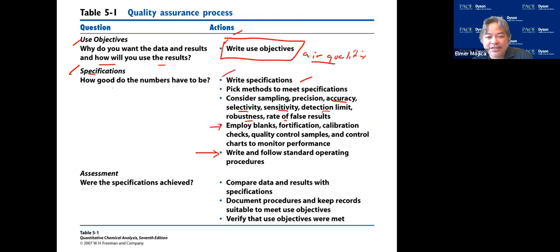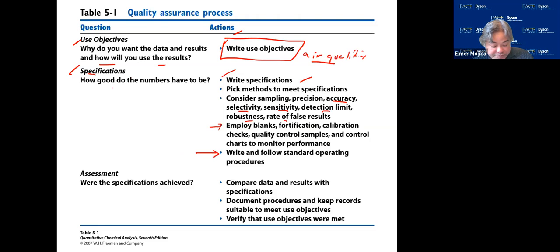What are the analytical figures of merit? Usually this has something to do with the analytical method that you're going to use. They have figures of merit of their own. So in this step also, you're going to write and follow the standard operating procedure.